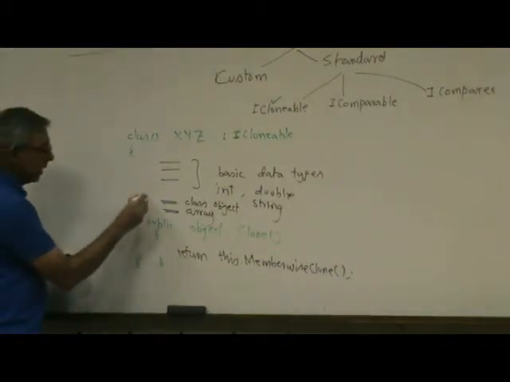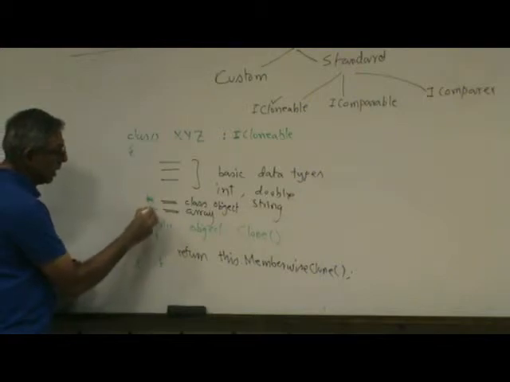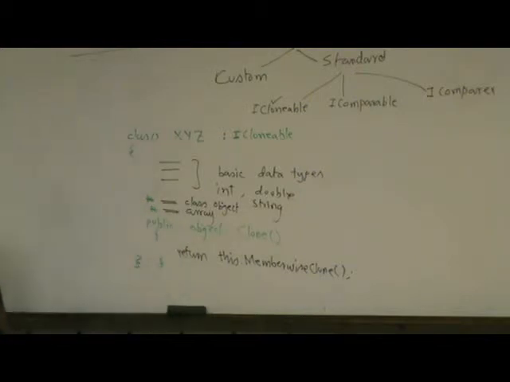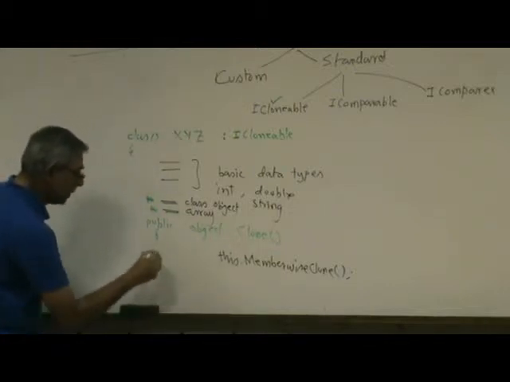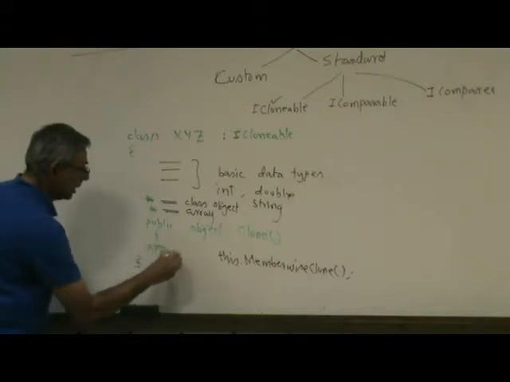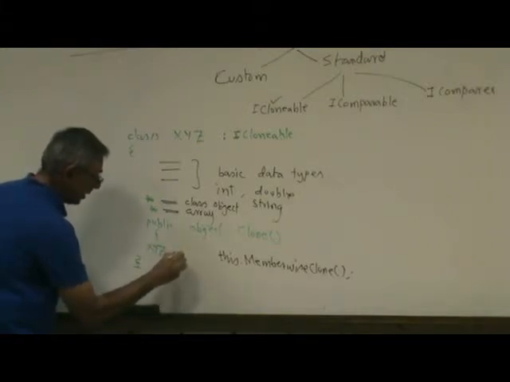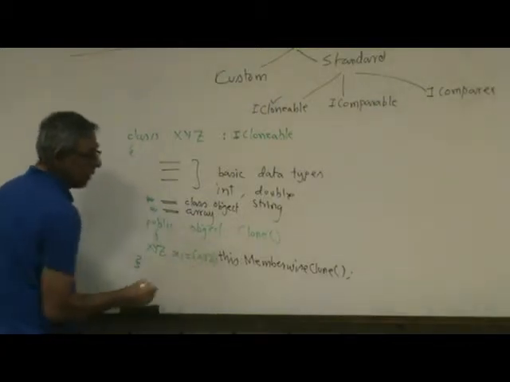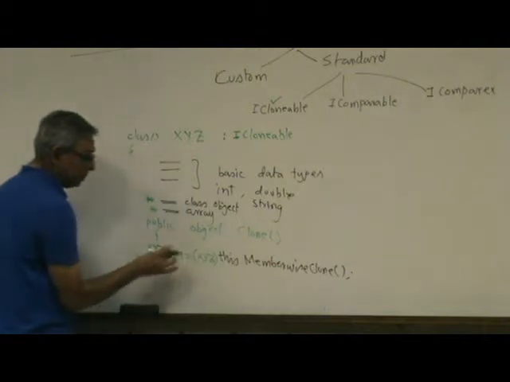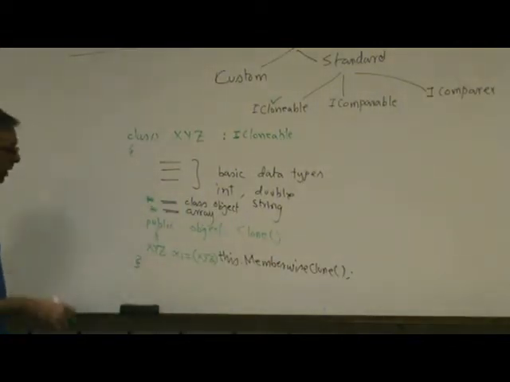So for these types, what do we have to do further? We have to call the clone on it, right? So our code in that case will become: XYZ x1 equal to the shallow copy, store it at x1, for example, right?